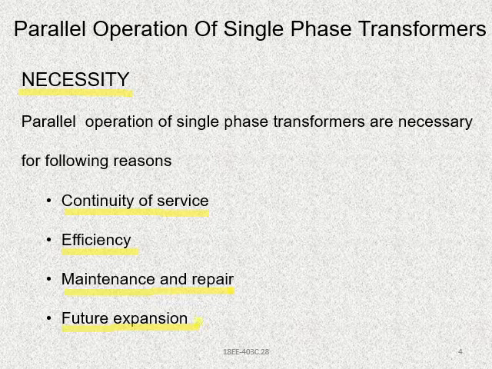If loads are increasing continuously, since day by day the consumers are increasing, then in order to meet the high demand, if there is another transformer connected in parallel, that can supply the load for the demand. So by this it can serve future expansion. These are the four necessities for operating single phase transformers in parallel. Please make a note of them.